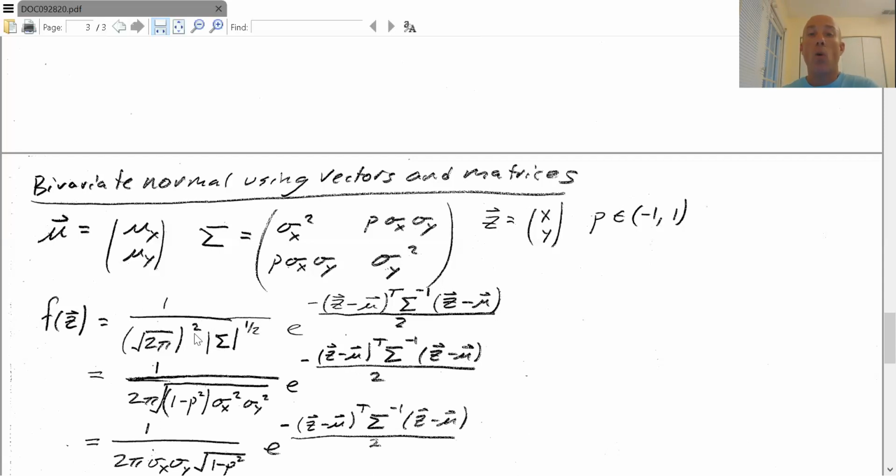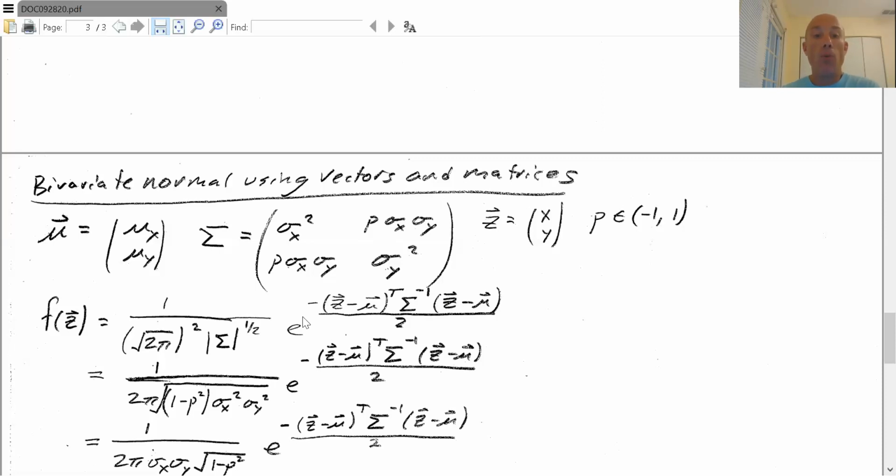This 2 corresponds to the number of variables we have. And here you'll notice that we've got z minus its mean, transpose, times the inverse of sigma times z minus mu. This should be familiar from previous sessions. And then we're dividing by 2.